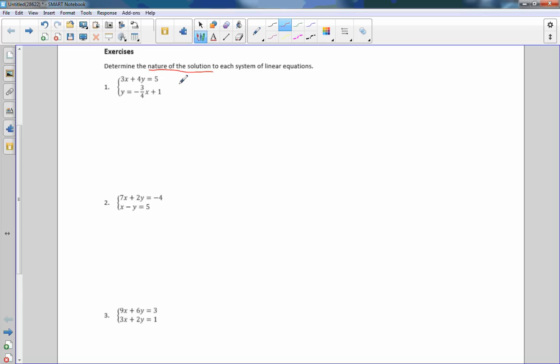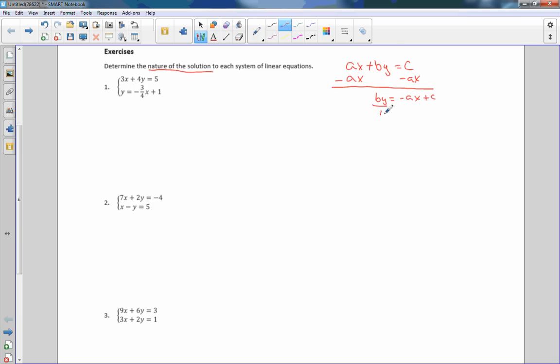Okay, so first thing I'm going to do is I have 3x plus 4y equals 5. Again, I've done this in previous videos, but if I have ax plus by equals c, and I want it in slope-intercept form, I need to move this ax over to the other side by subtracting ax from both sides. And when I do that, I get by equals negative ax plus c.